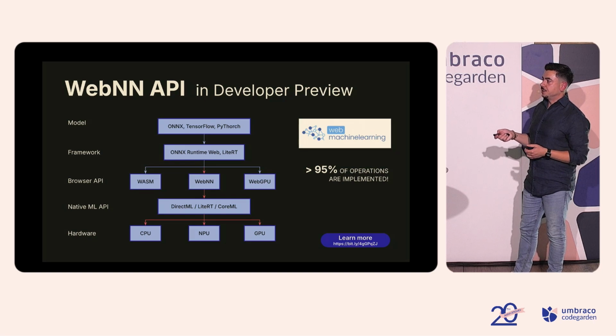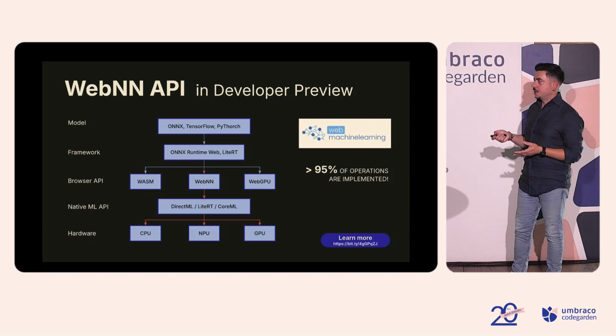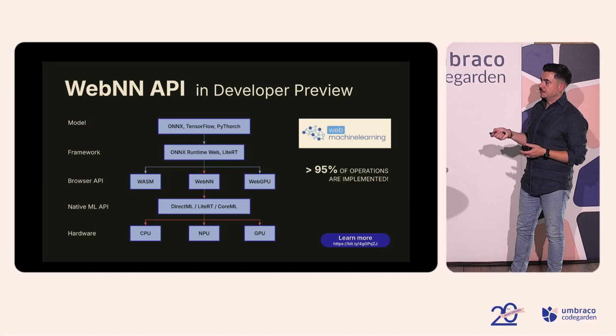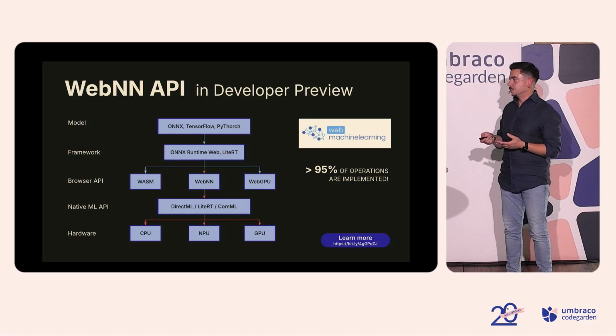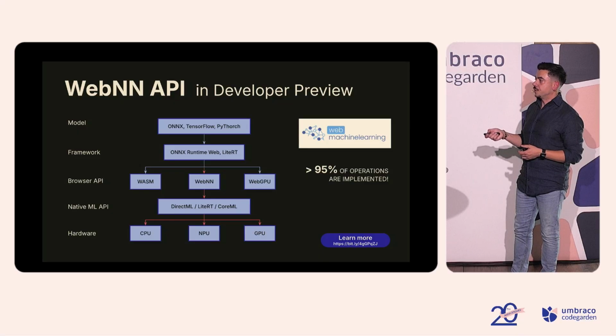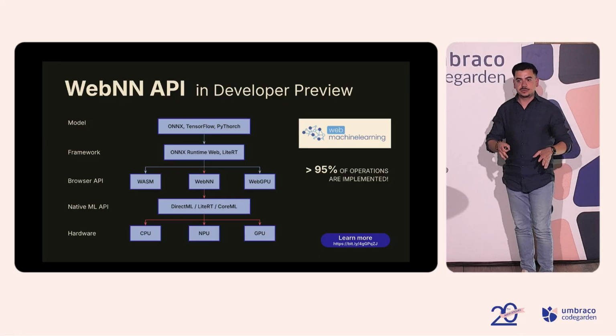Typically, when you interact with these machine learning APIs, these are operating system level native machine learning APIs, CoreML, LiteRT, or DirectML, based on which platform you use, Apple, Microsoft, or Google's. You use one of these machine learning APIs underneath on the operating system level.